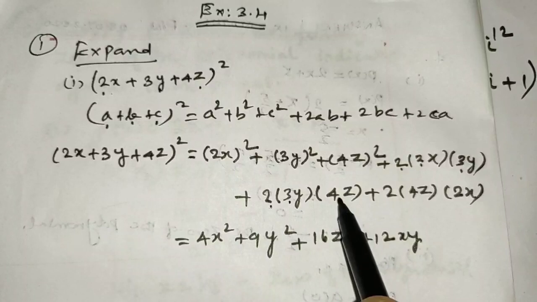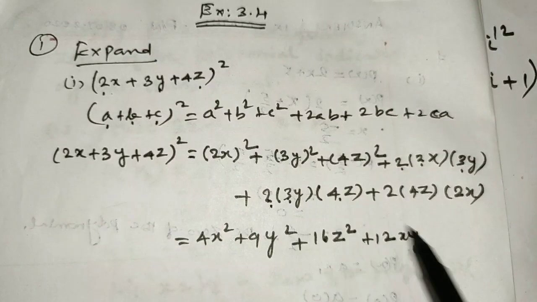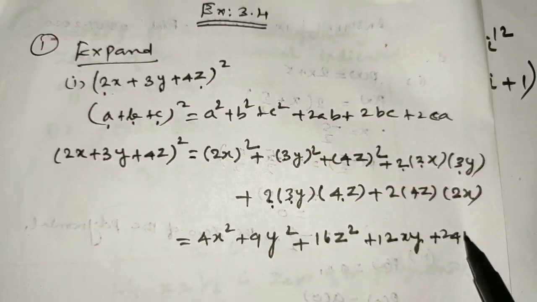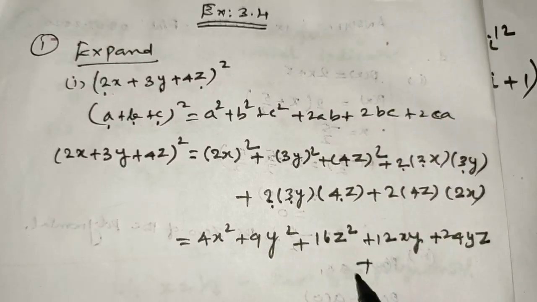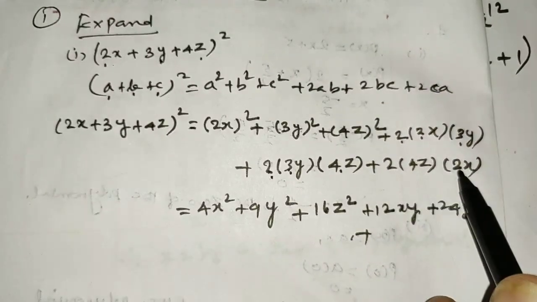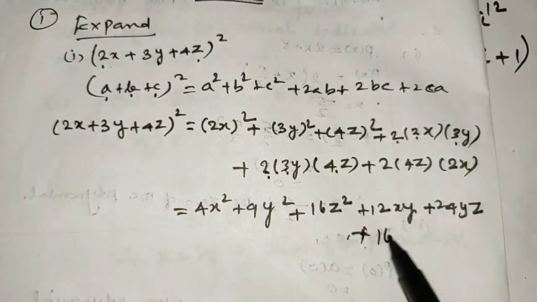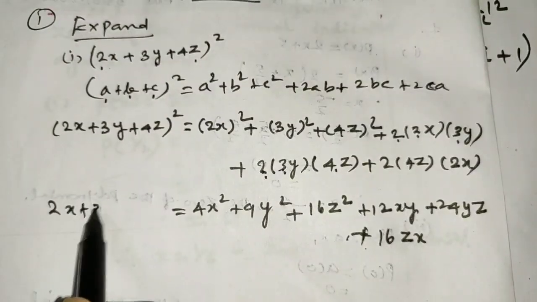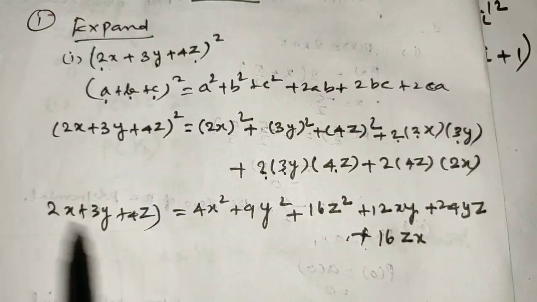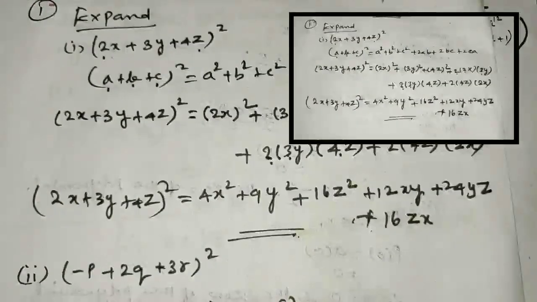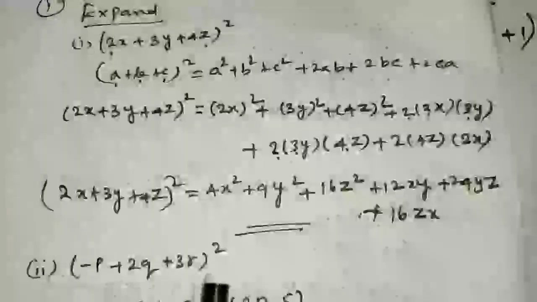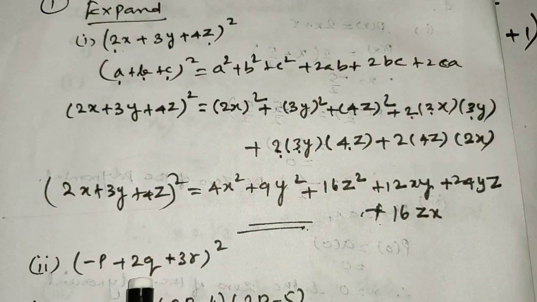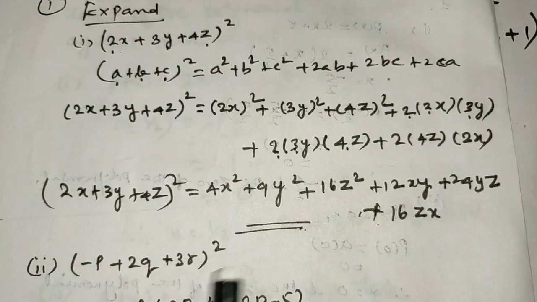Then 2 into 3 into 4, 6 4s are 24yz, plus 2 into 4, 8 2s are 16zx. So this is the expansion of 2x plus 3y plus 4z whole square. Like that, do the second sum as homework, which is minus p plus 2q plus 3r whole square.